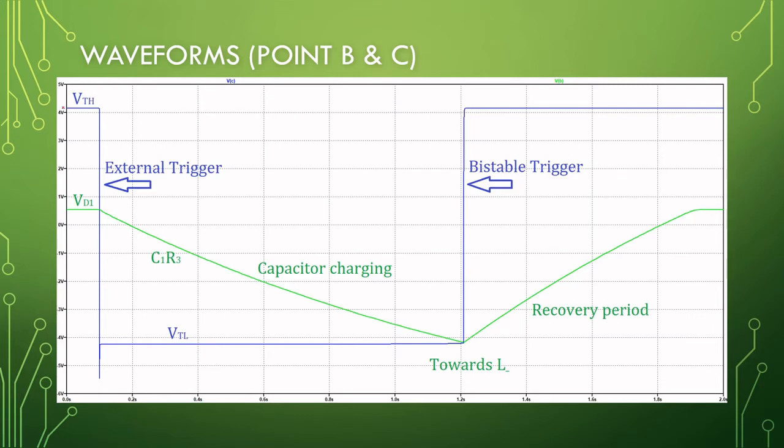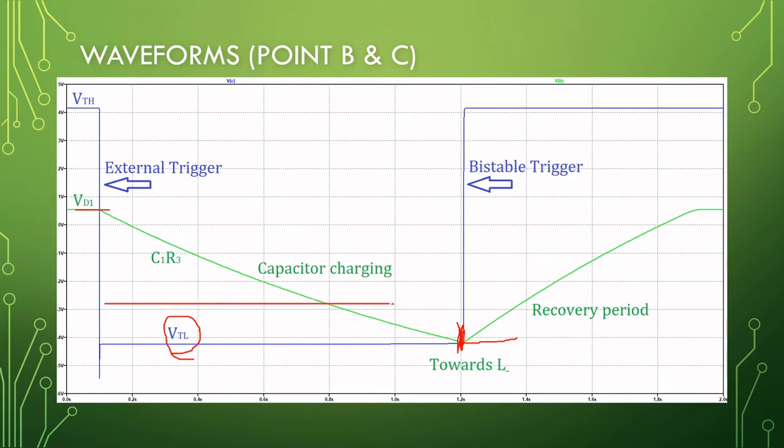Changing from a high trigger level to a low trigger level, our capacitor was stuck at VD1 voltage level. It will charge from VD1 down towards L minus, but the triggering event will happen at VT low.